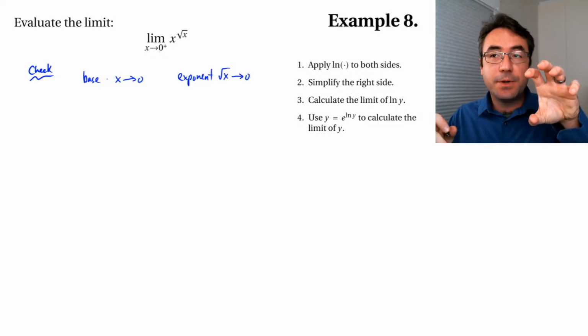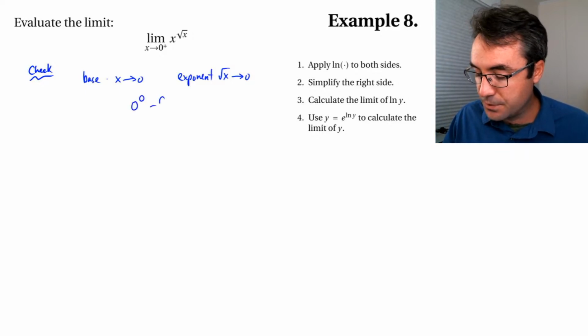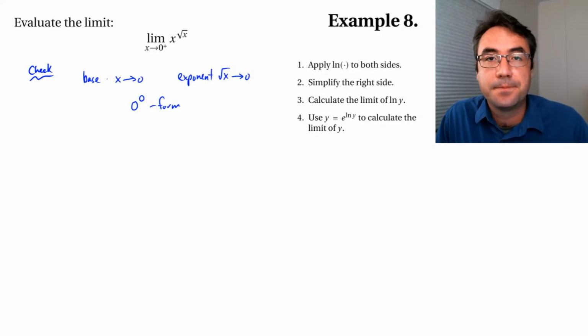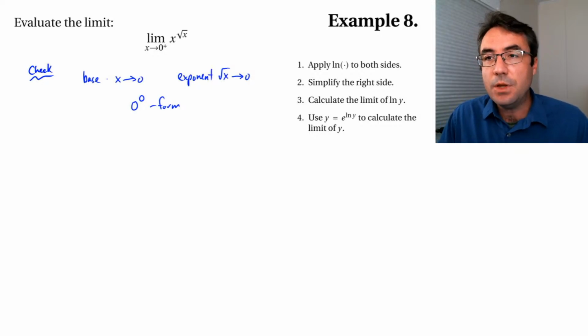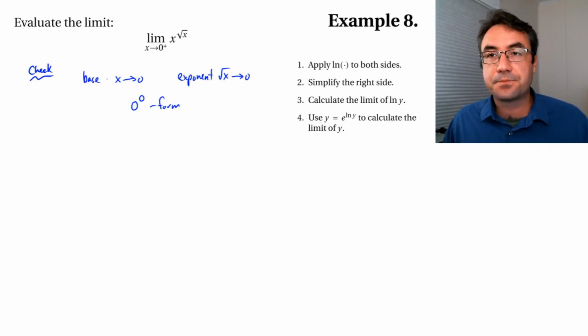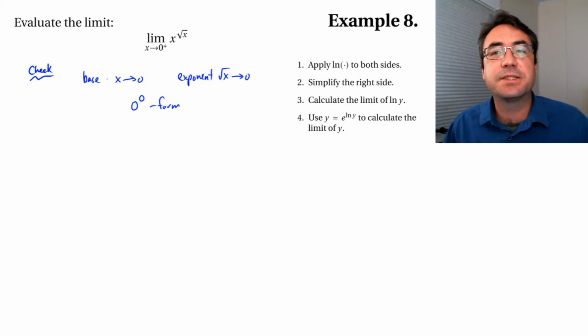So our base term is going to 0, our exponent is going to 0, so we end up with a 0 to the power 0 form. So how we're going to handle this is very similar to the steps that we used for logarithmic differentiation up until the last step.